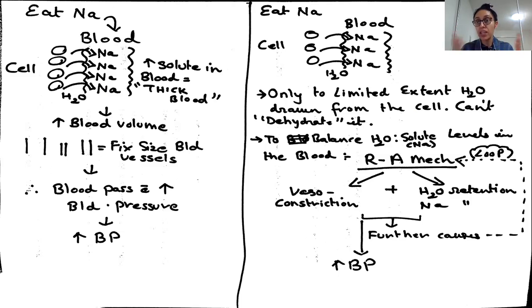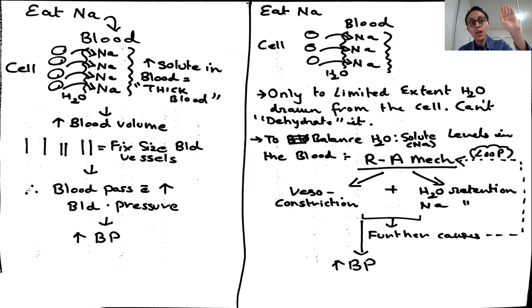So then the body will register that, hang on, this is only so much water that I can draw from the body cells. This individual's diet is just eating a lot of processed food day in and day out for so many years. I have to start activating the other mechanism side by side.